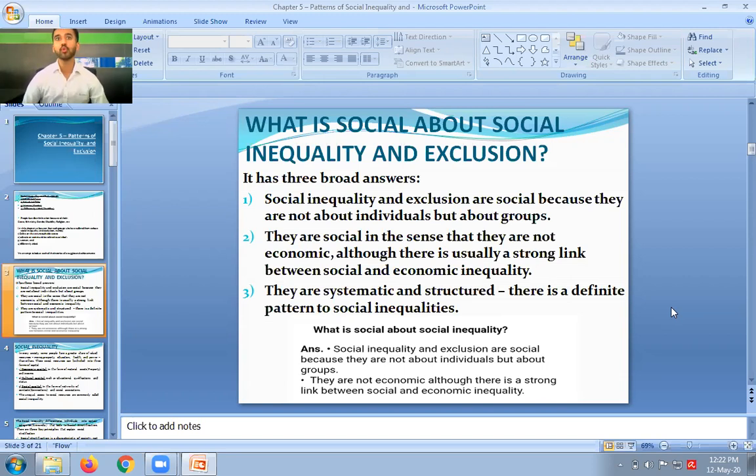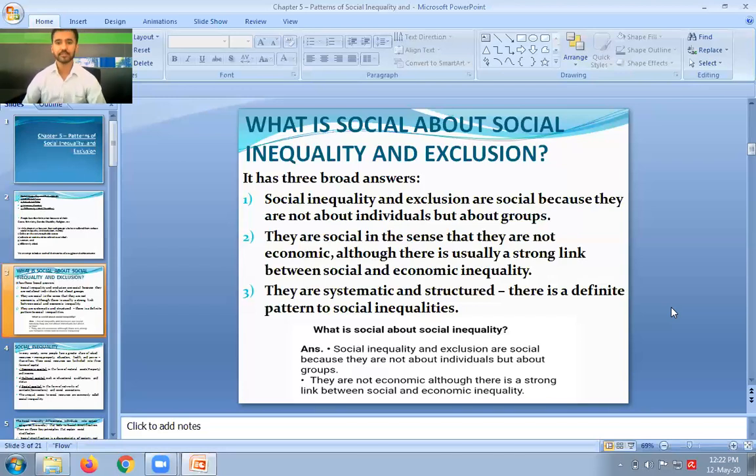Nowadays, people discriminate by looking at the economic level of a person. Nowadays, social inequality is related to economic inequality. Earlier, economic inequality was not so dominating in the society. Earlier, the groups were already set up, like these are SCs, so they should be treated like that. These are STs, so they should be treated like that.